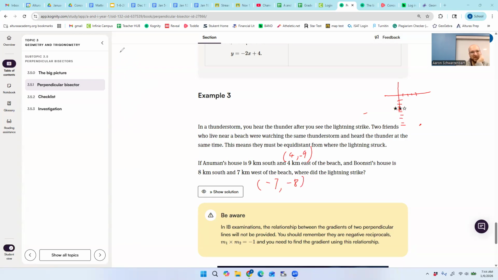So my midpoint, I want to write this out. Average the two x's, which means add them up and divide by 2. Seven is -3 over 2, -1.5. Now I'll find the slope.